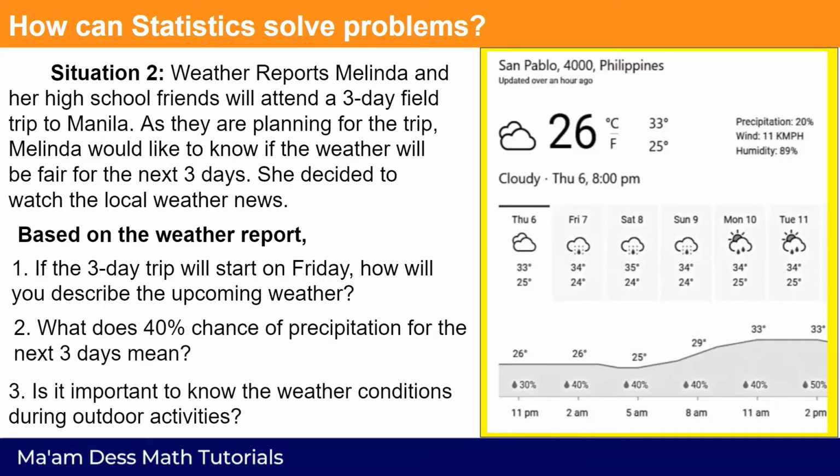Look at the chances of raining for this weather report. Chance of precipitation is data that is important in weather reports. It is expressed in percent. So as you can see, 40% chance of rain means that there is a relatively average possibility that there will be rain showers for the next 3 days.